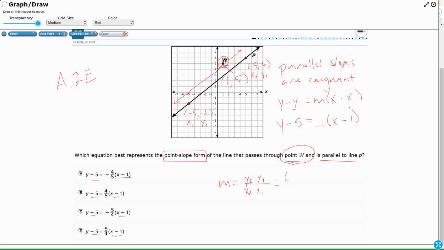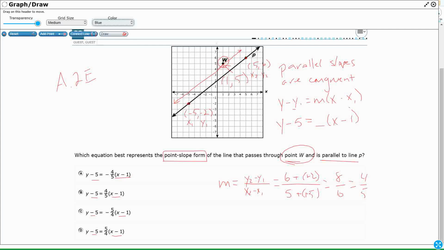So my y2 is 6, my y1 is -2. I'm going to end up adding those. And my x2 is 5, and my x1 is -5. Once again, I'm going to end up adding those. I end up getting 8 over 10, which is 4/5.